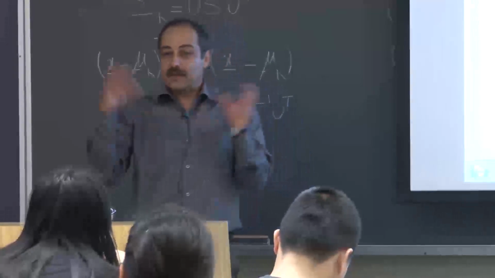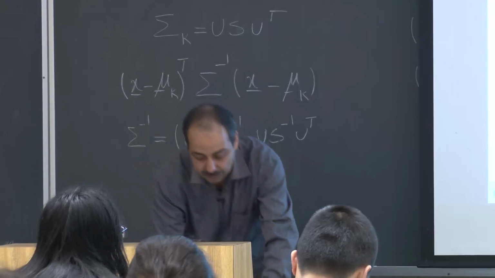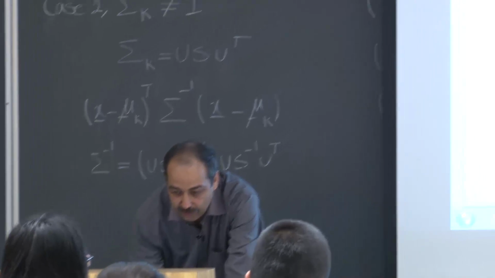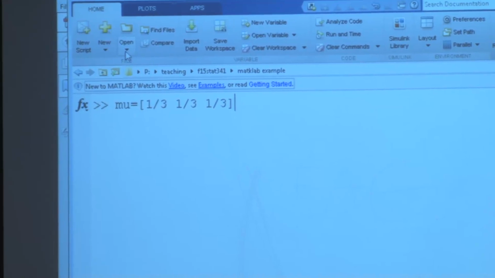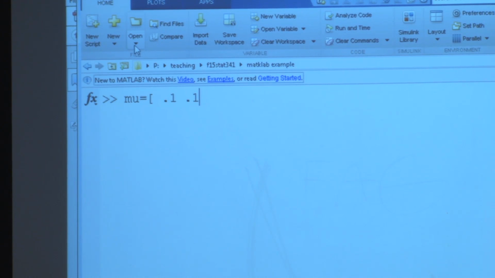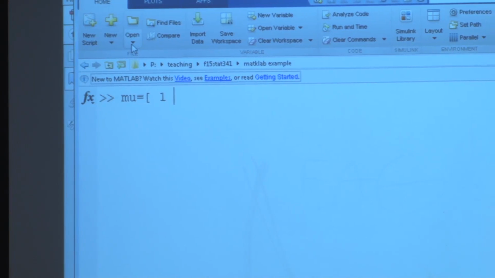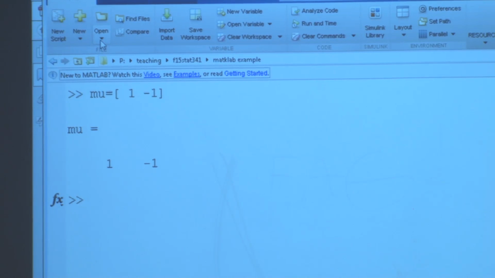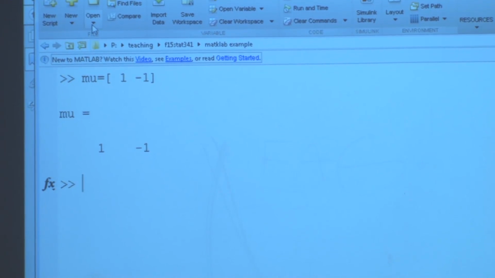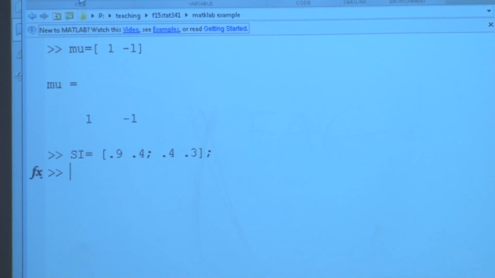I'm going to generate some points and then show you what happens when you apply this transformation. I define the mean of this point to be 1 and -1, and then I define the covariance.